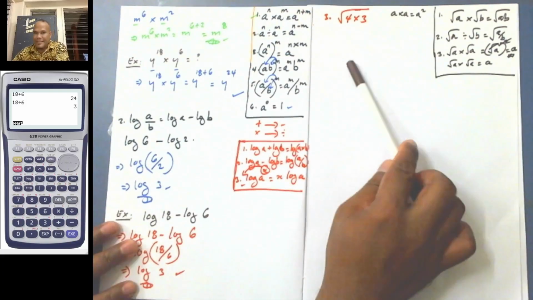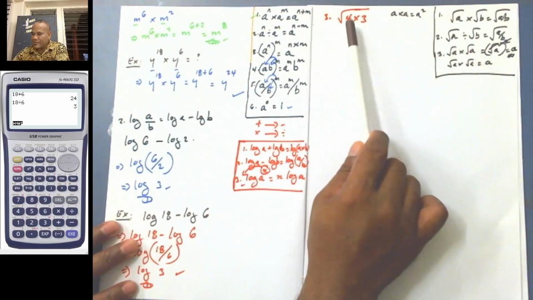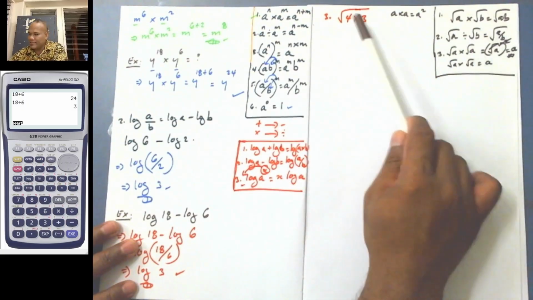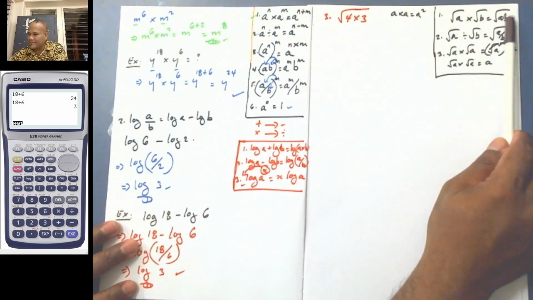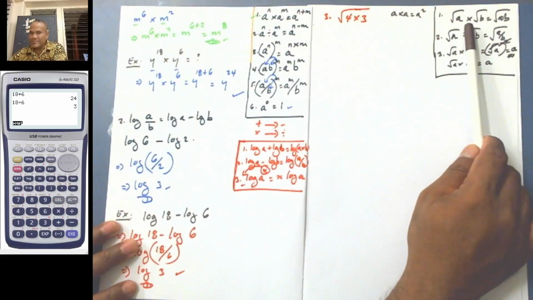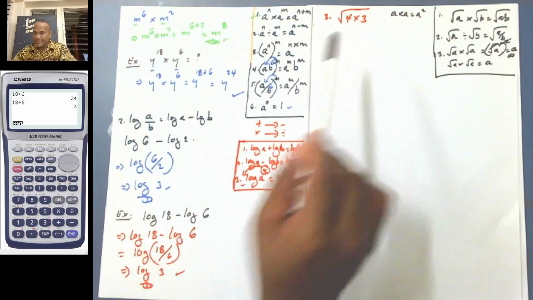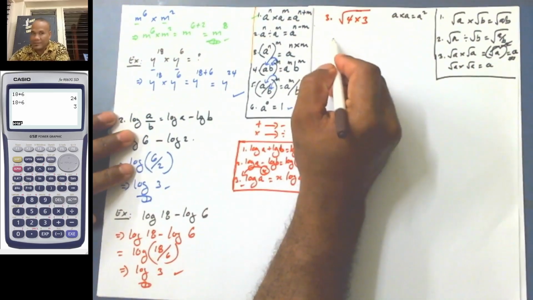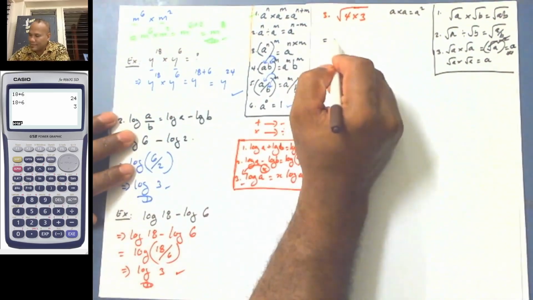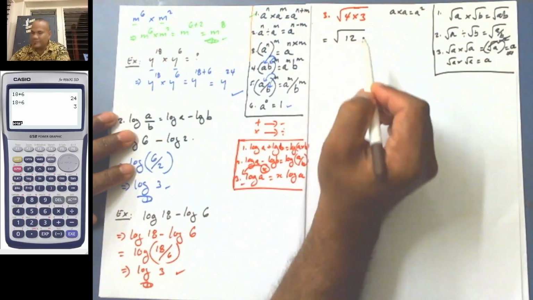This question is related to square root of ab. A times b is ab, so square root of ab is equal to square root of a times square root of b. So I can rewrite square root of 4 times 3 as square root of 12.